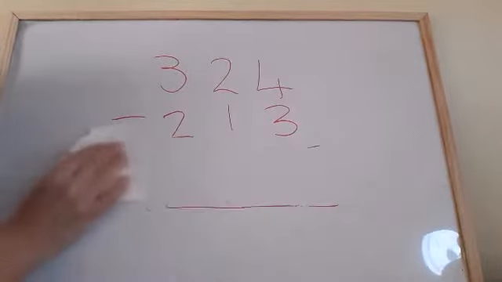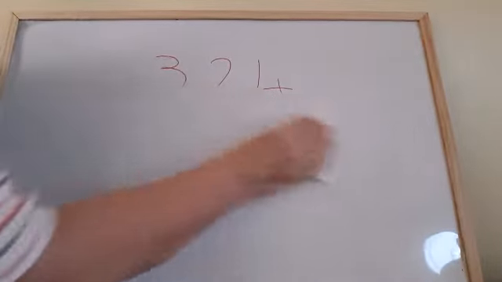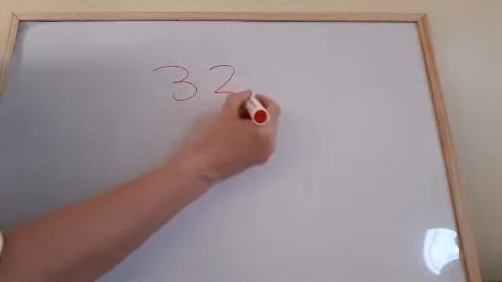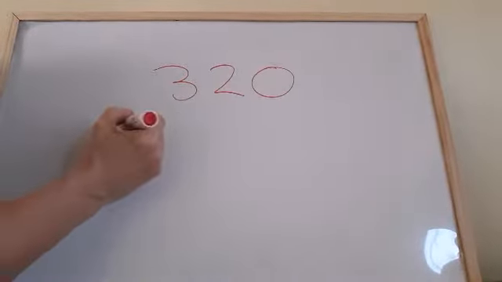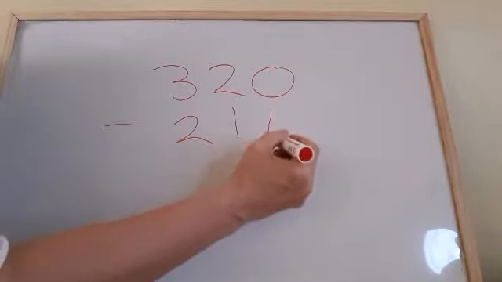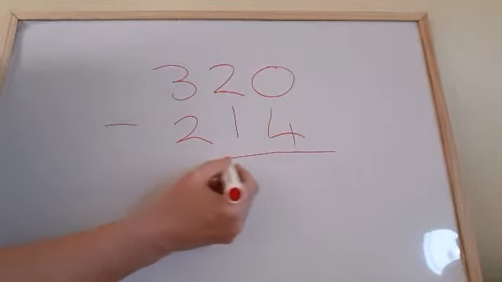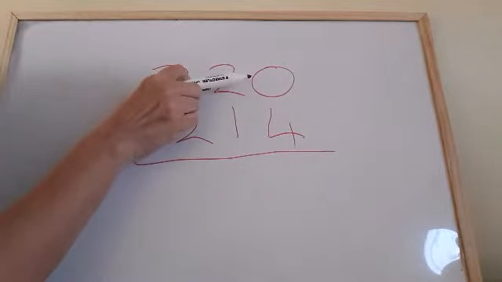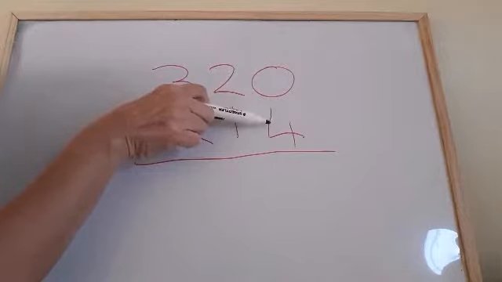Right, let's look at something more tricky, things that people do struggle with quite a lot, and that's when there are zeros in there. So if we had 320 subtract 214, you can instantly see we've got a problem because we always start at the top. 0 take away 4.